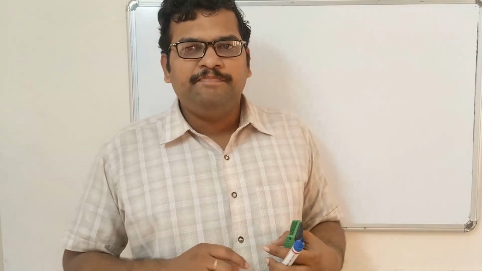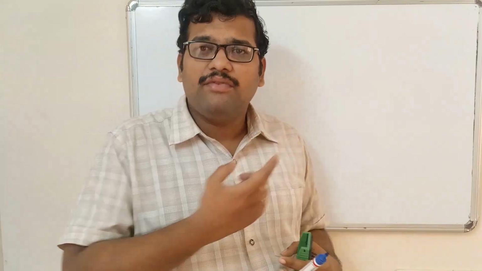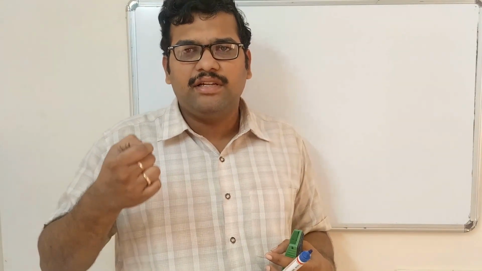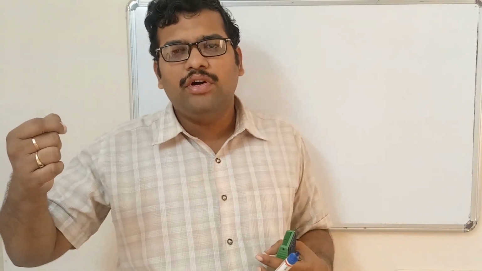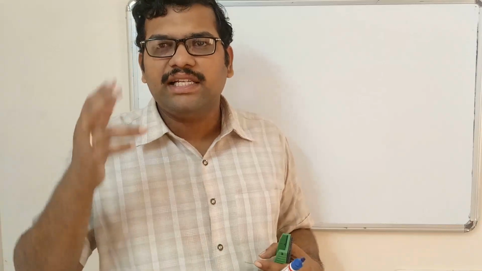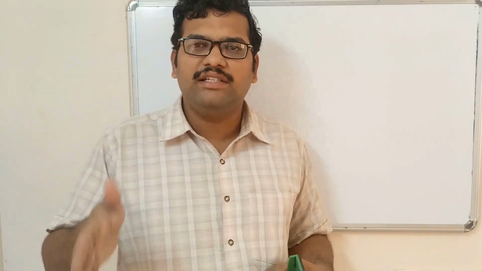So here, for comparing these consonants and vowels, we have to start from the first character, that means the 0th character, to the end of the string. The end of the string is \0.